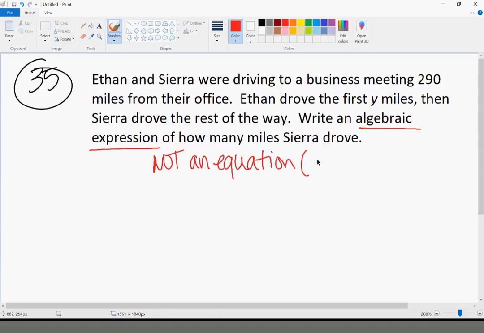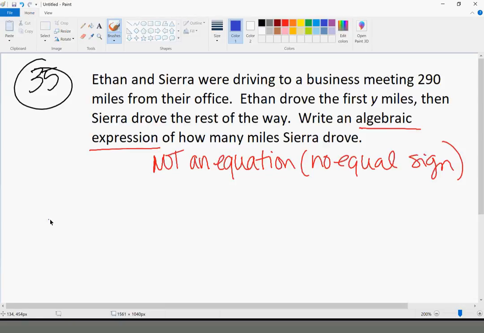So that means we do not need an equal sign. If it said an algebraic equation, that means you would need more information, and you'd want to have an equal sign. Okay, so Ethan and Sierra were driving to a business meeting 290 miles from their office.